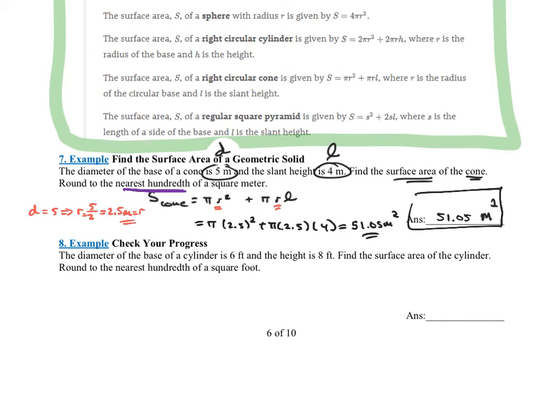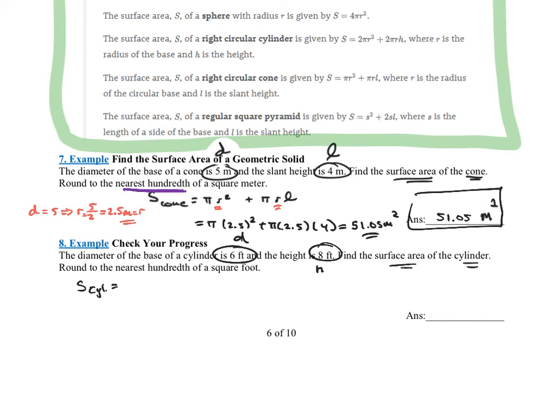Example 8 says the diameter of the base of a cylinder is 6 feet and the height is 8 feet. So again, 6 feet is the diameter and the height is h in this case. It says find the surface area of the cylinder, round to the nearest hundredth. So we need the surface area of a cylinder.